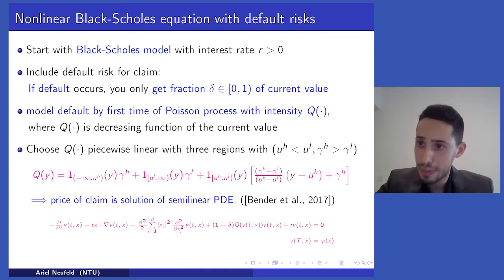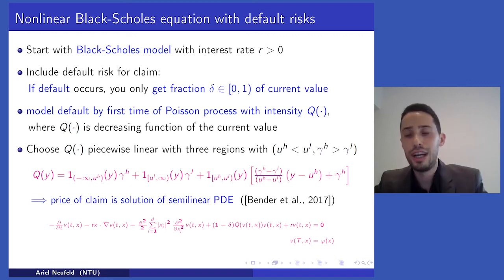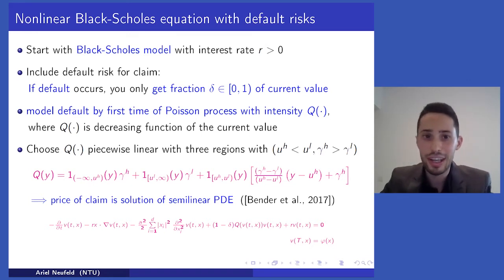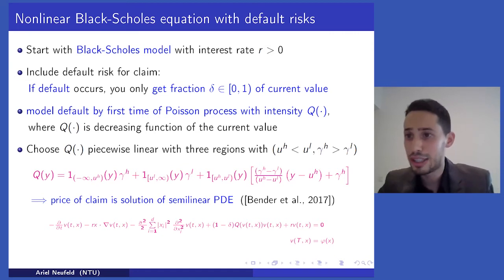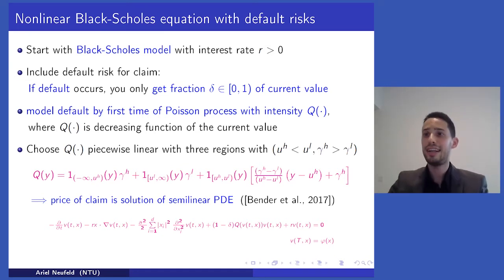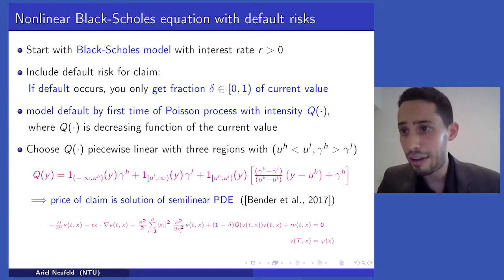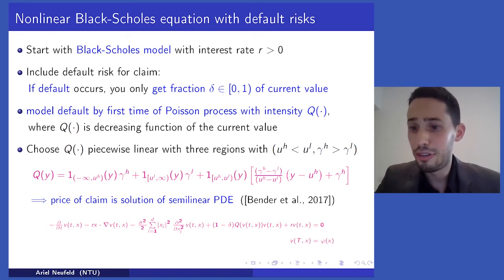Originally, the Black-Scholes PDE is a linear PDE, but as soon as we impose this little assumption of having default risk, it's not a very sophisticated model, but just adding default risk, our PDE already turns from a linear PDE to a nonlinear PDE, for which classical methods are not able to solve them in high dimension.